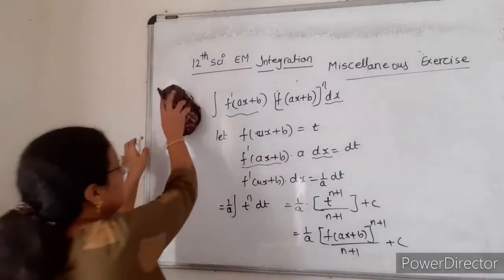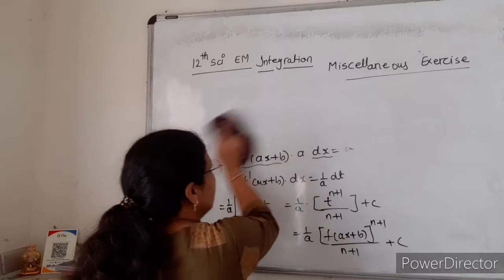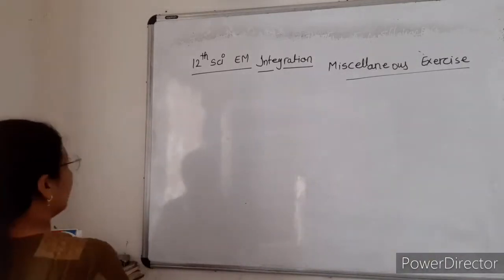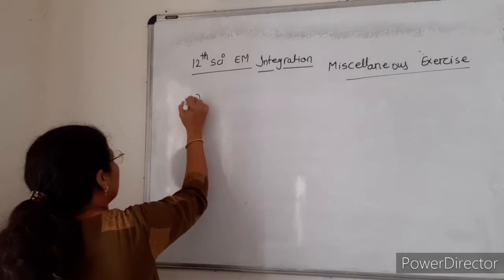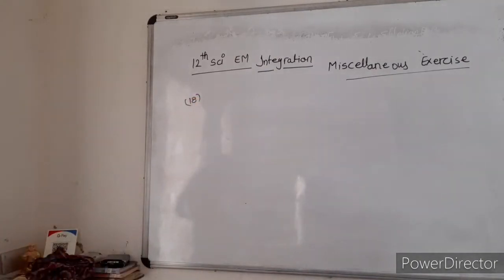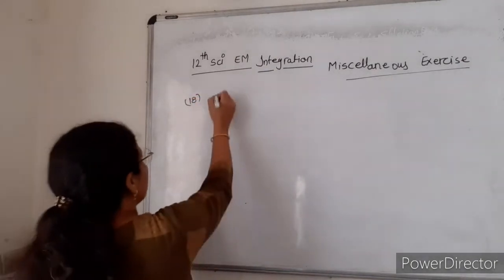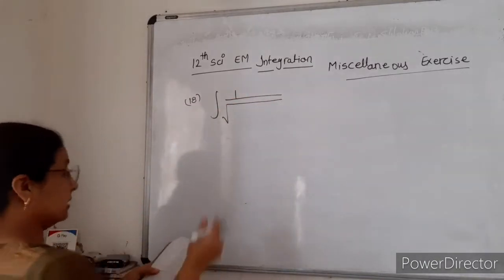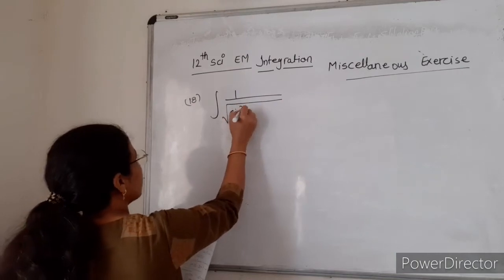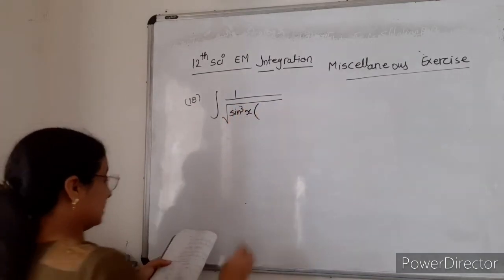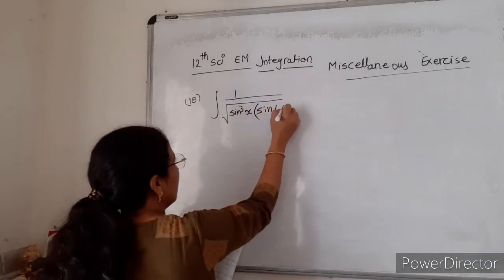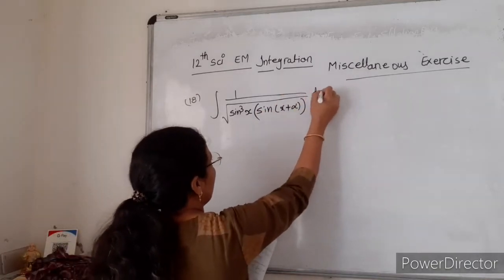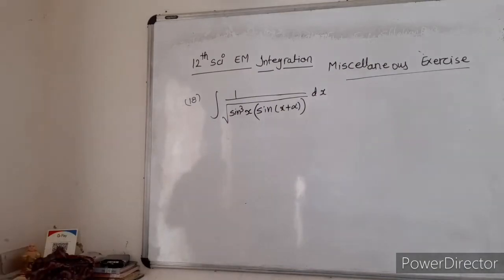Now we'll go ahead with question number 18. The question number 18 is the integral of 1 upon sine cube x into sine of x plus alpha, dx, right?